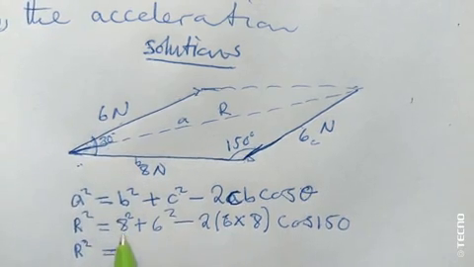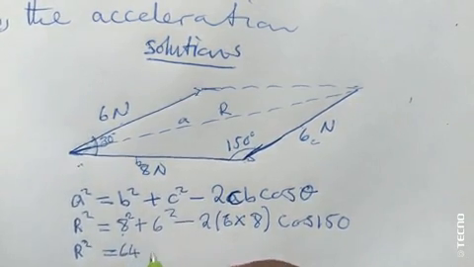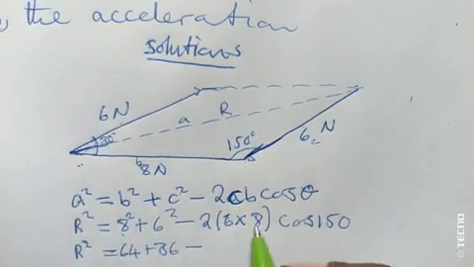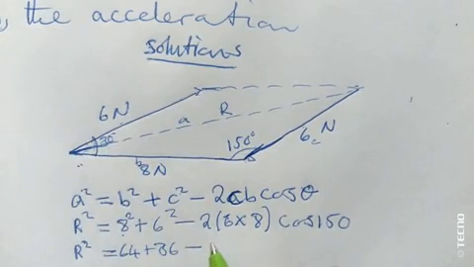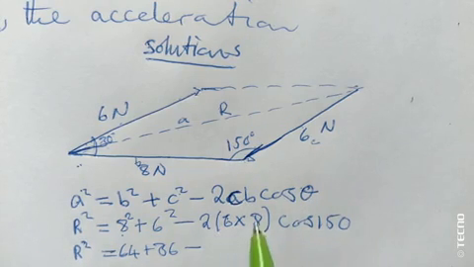So there it will be 64 plus 36 minus this and this, you get 6 and this is 48 plus this one. What is the answer that you get?